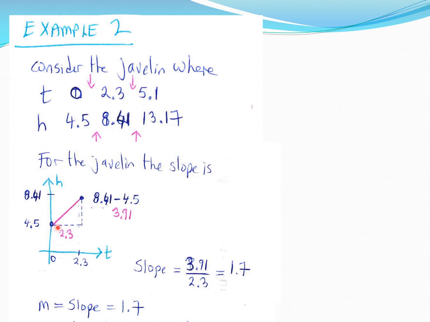The run is 2.3, and the corresponding rise is 8.41 take away 4.5, which is 3.91. So the slope is the rise 3.91 divided by the run 2.3, which is equal to 1.7. It's the vertical height divided by the corresponding horizontal width, and the slope is 1.7.